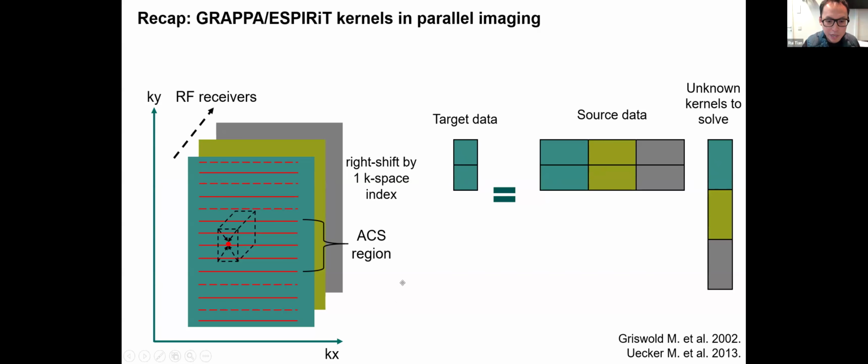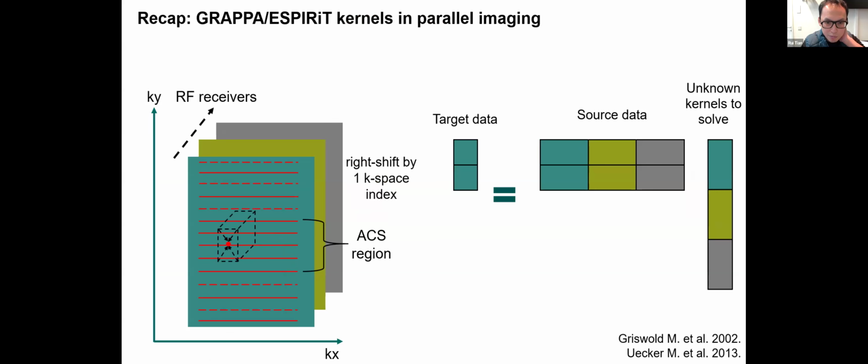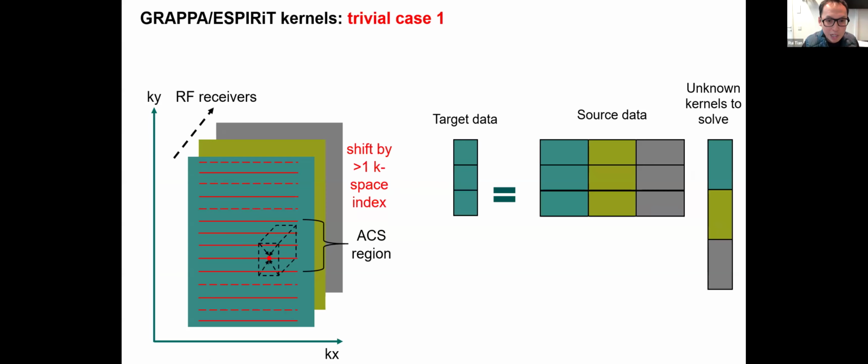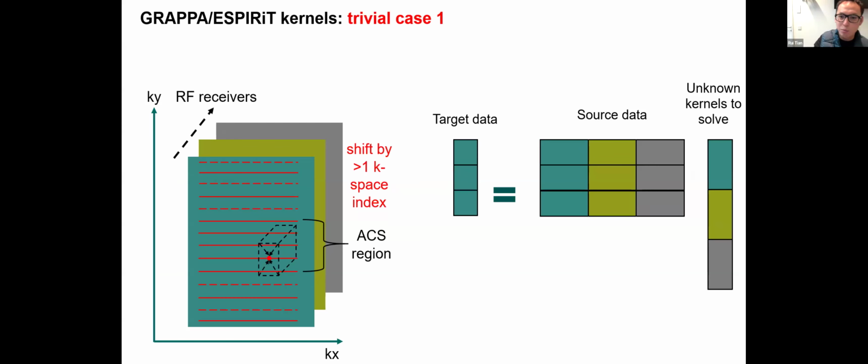But there are two scenarios that were a little bit overlooked in the past. They are trivial. One is that every time, we don't need to just shift the k-space index by one k-space pixel, but we can shift it by many k-space indexes, like this large-distance shift. In exactly the same way, it will provide you with independent linear equations.